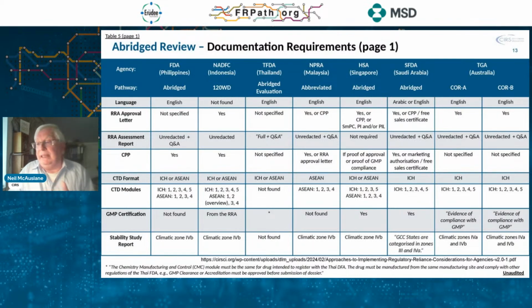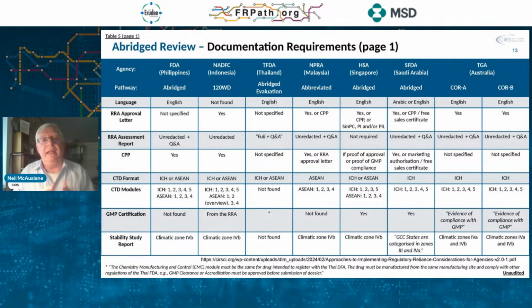You know, how detailed should these be? This is across these agencies in tabular form, trying to show what is needed in terms of the assessment reports. When you look at the second line, you can see all of them are looking for unredacted, full Q&A, as well as the type of format or the CTD modules, and of course the stability study reports, which in those cases may differ from what the reference agency looked at.